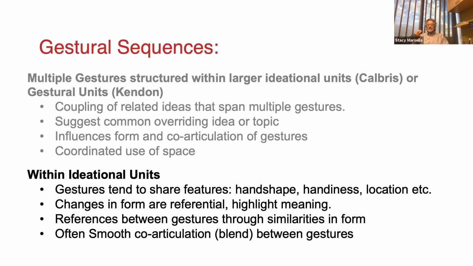Any changes in form are supposed to convey specific meaning that the gesture is trying to convey. And there tends to be co-articulation between the gestures. The gestures don't drop out, because dropping out of gesture space is basically a period or the end of a paragraph, right? So she's saying you're constructing these things all together, and you keep your hands in gesture space.